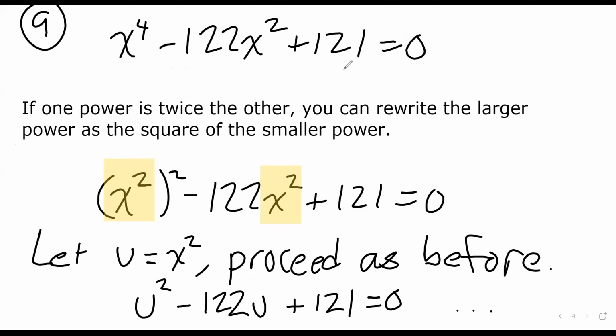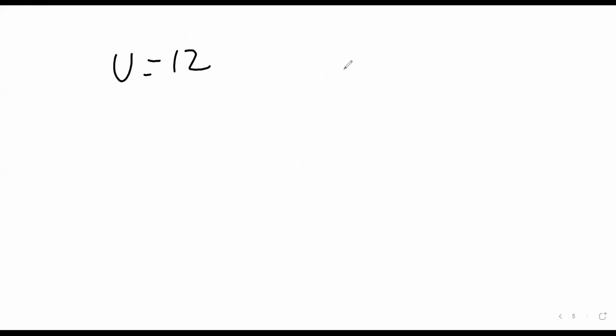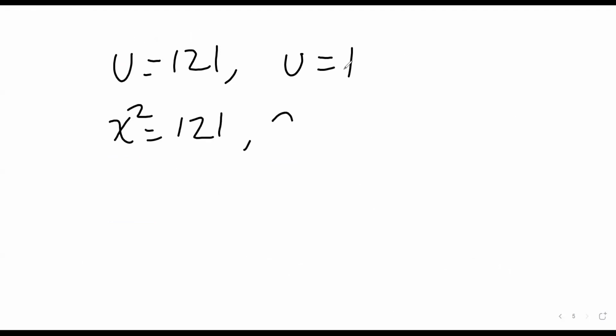And I'm going to skip the steps, but if you solve that, you would get u equals 121 and u equals 1. But then you would change the u back to x squared and then solve it by using square roots, which means you would have to bring in the plus minus.